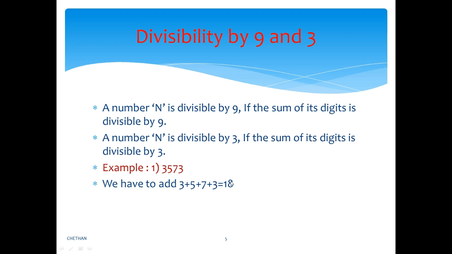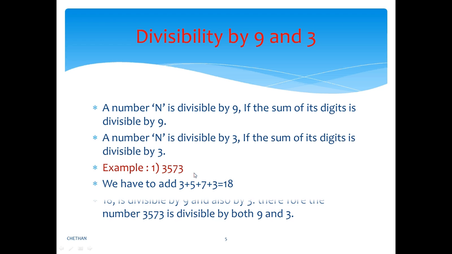3 sixes are 18. That means 18 is divisible by 9, so 3573 is also divisible by 9. And also 18 is divisible by 3, isn't it? So 18 is divisible by 3 means 3573 is also divisible by 3. I am concluding that in one statement.